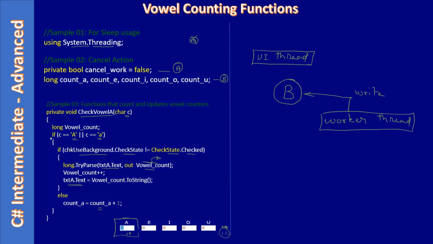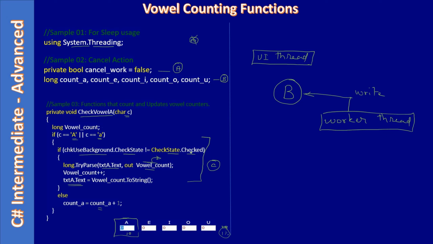And this highlighted portion, let's say this is A, B, C, is not used when the worker component is in the picture. When using the worker component, we are not using this variable at all.